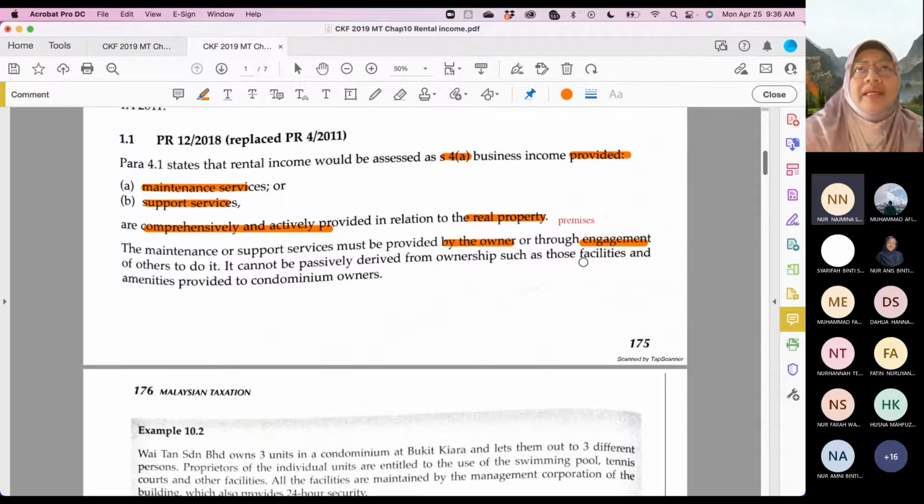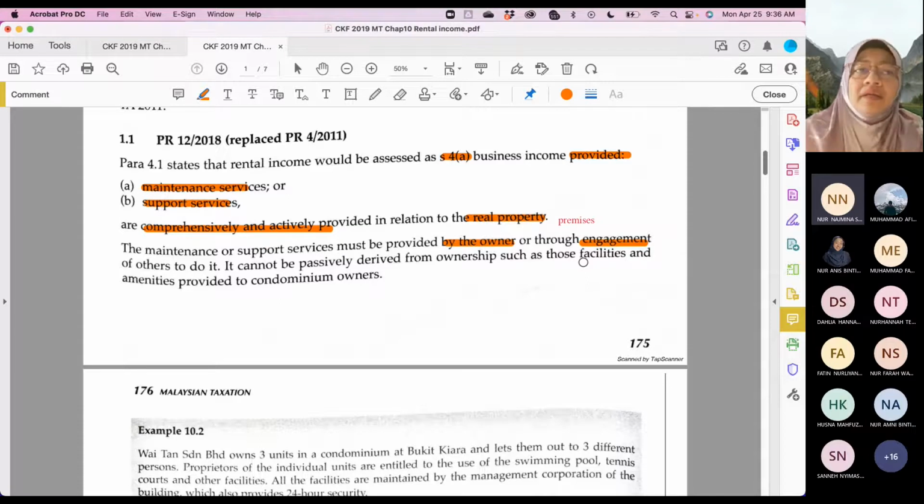So that's why we say that if you are staying in a condominium, the condominium does have a JMB, meaning the condominium management provides the maintenance services or support services to the owners or to the people who live in the condominium.